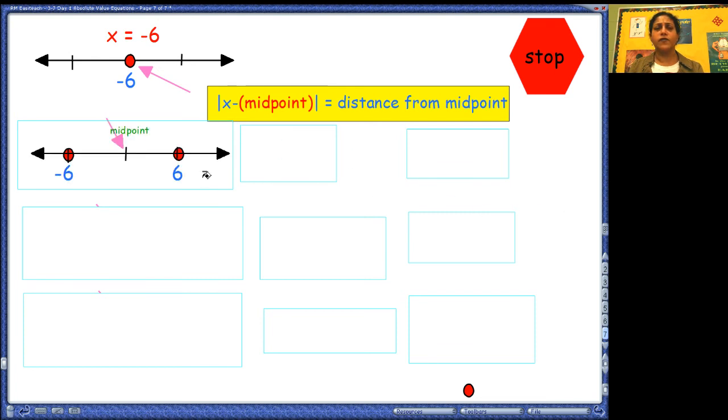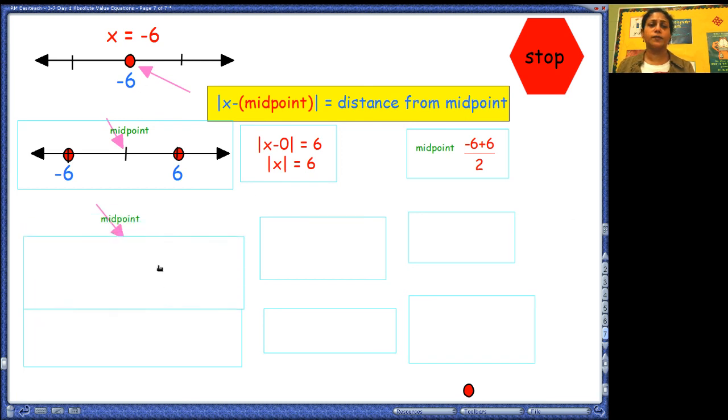However, if your graph has two numbers that are marked, that means this is an absolute value equation, and you have to find the midpoint of these two numbers. The way to find the midpoint is to add the two numbers and divide by 2. In this case, the midpoint is 0, and the formula you're going to use is x minus the midpoint is equal to the distance of the midpoint from either side. So we're going to say the absolute value here of x minus 0 is equal to 6, and you always simplify the 0, so it's absolute value of x is equal to 6.